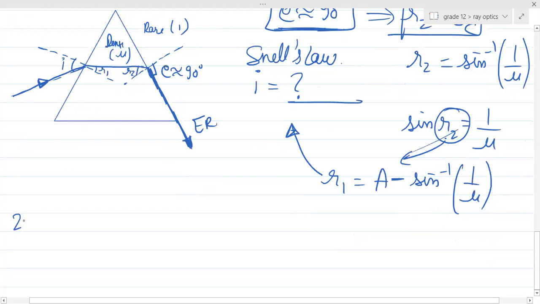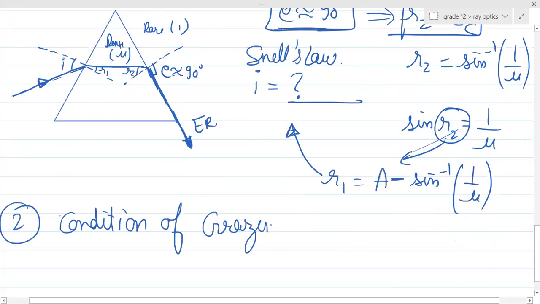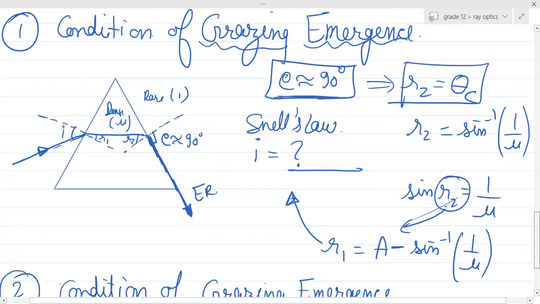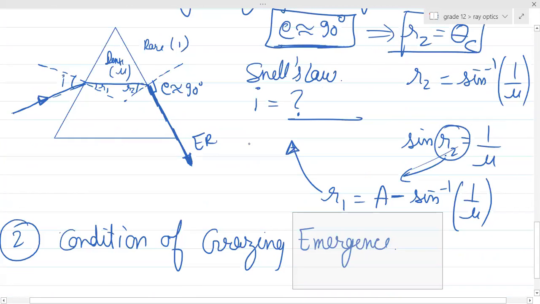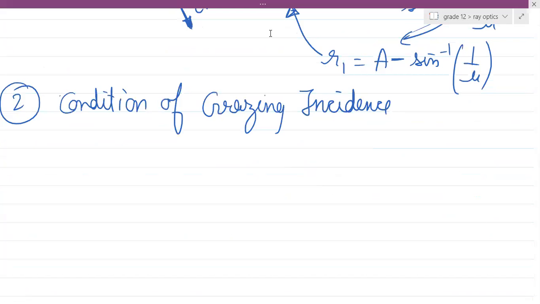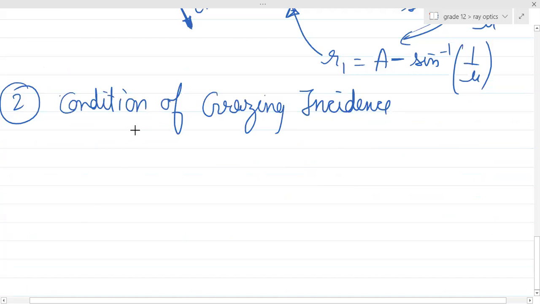Similarly, there is the condition of grazing incidence. So the condition of grazing incidence will be what? Can anyone tell me from the name itself? Angle of incidence will be 90 degrees.